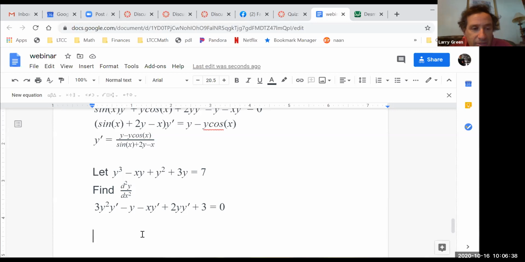And we're going to have a 6y, y prime times y prime, or 6y prime squared. And then we're going to have a plus 3y squared times y double prime. Anyone lost on the product rule there?